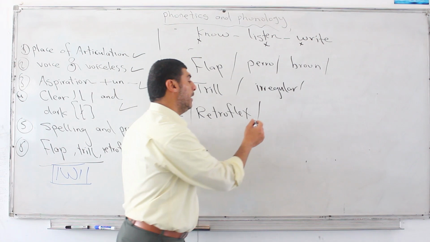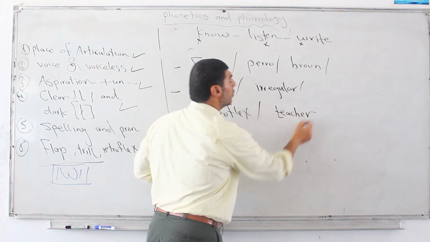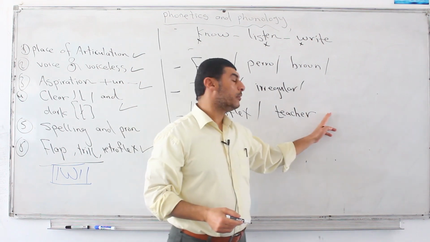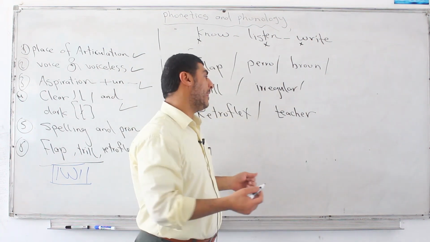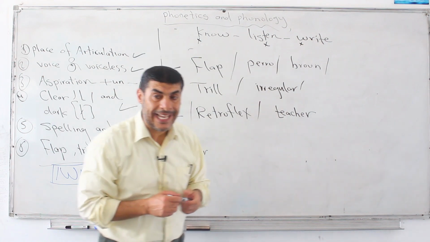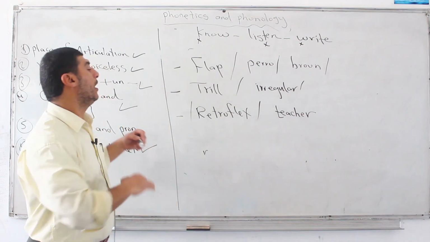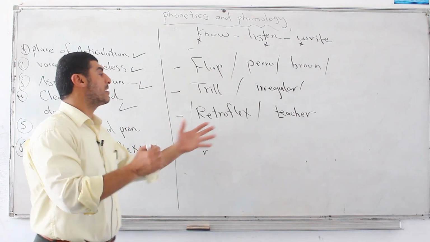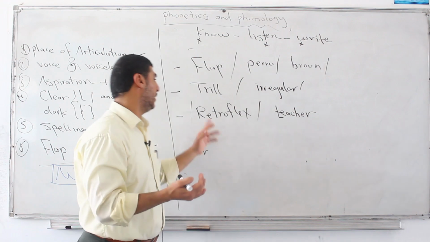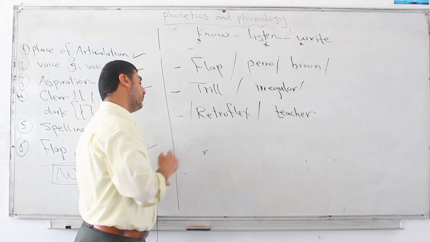Try to say teacher, doctor, ladder. You will find that the tip of the tongue is curled back to touch the end of the hard palate. That's why we call it retroflex. Flex is from flexible, and retro means back, and so on.